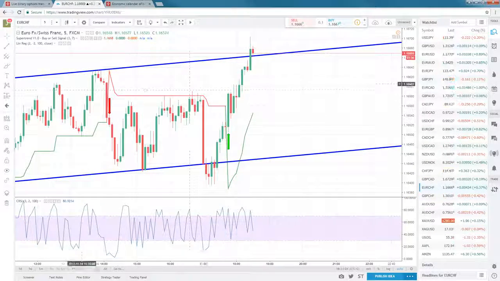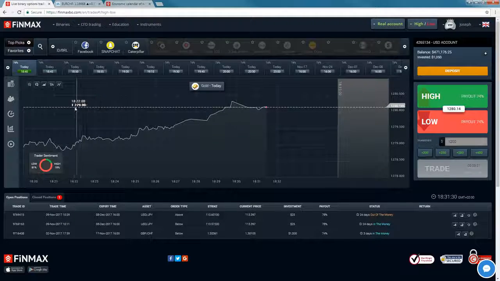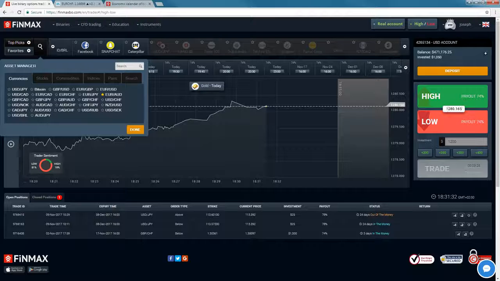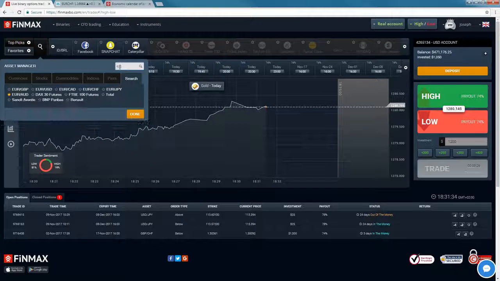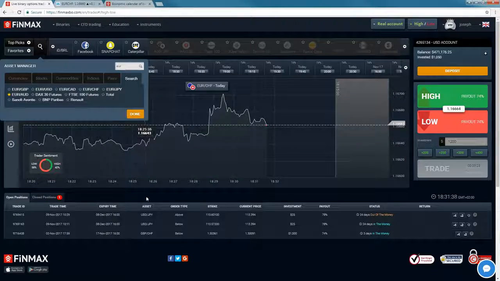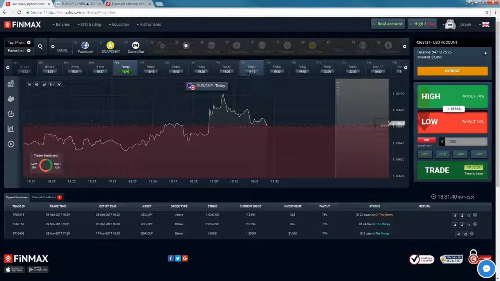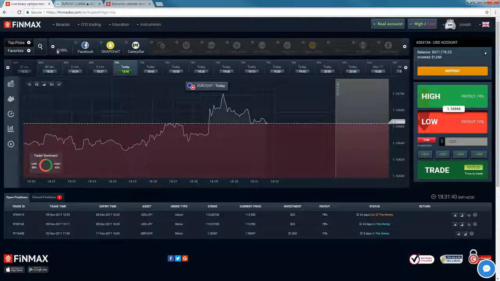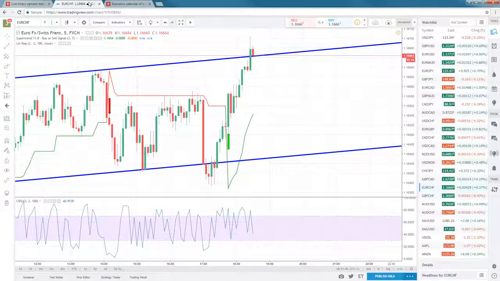Here perhaps we can get the situation to trade on Euro Swiss franc. Euro Swiss franc. Let's prepare platform to trade on low now for 5 minutes.